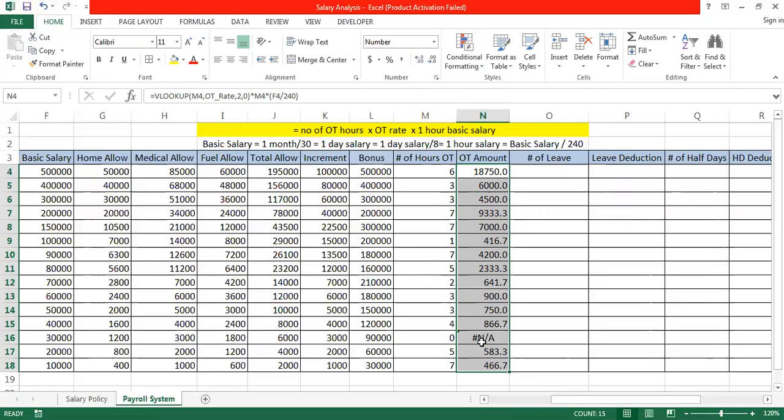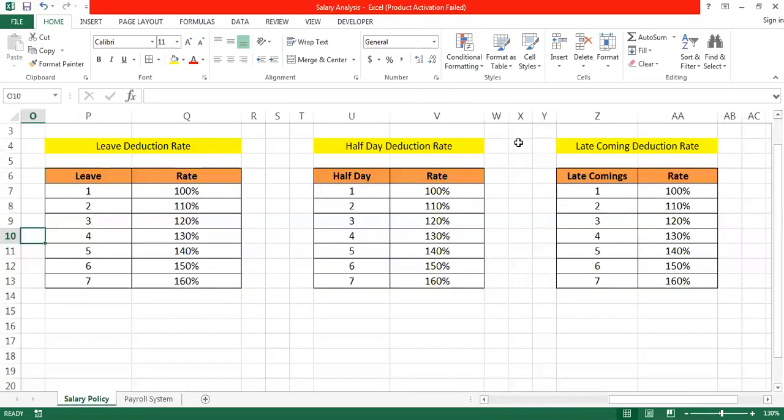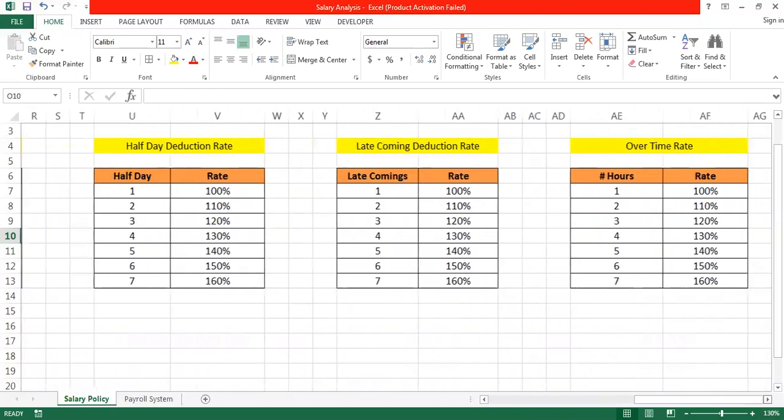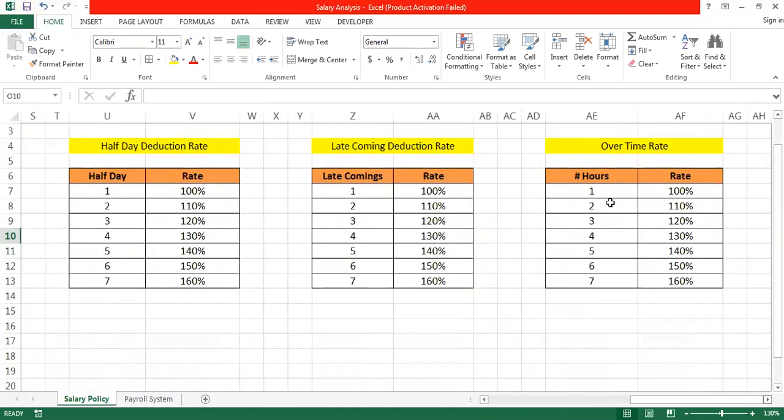Now for 0 we have not applicable because we haven't defined zero. If he is not going to perform any overtime hour, there are two possibilities. One, if we can define zero in our salary policy table over here, that if 0 hours has been performed, so zero rate, that is no overtime will be given to that employee.